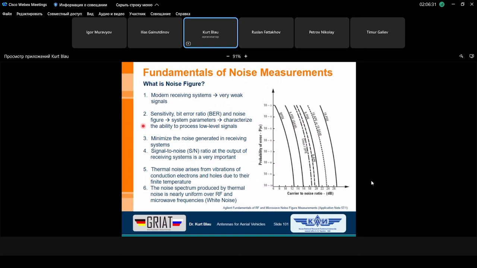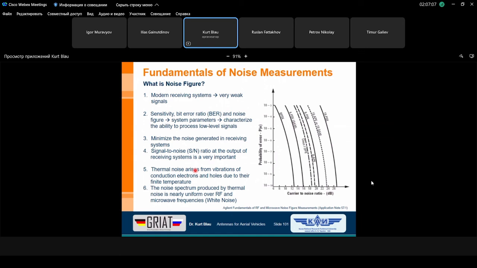Again, if you have a modern receiving system and you want to achieve a certain probability of error, then you also have to hold a certain carrier or signal to noise ratio in your receiving system. The thermal noise arises from vibrations of conduction electrons, in brackets Brownian molecular movement.